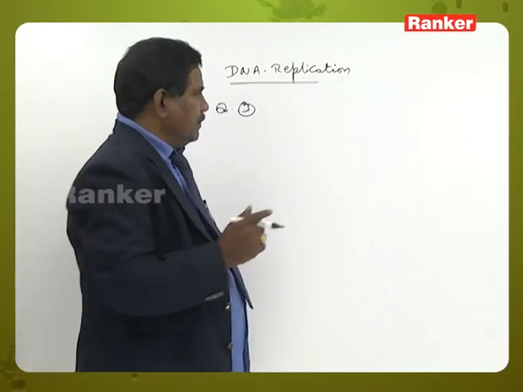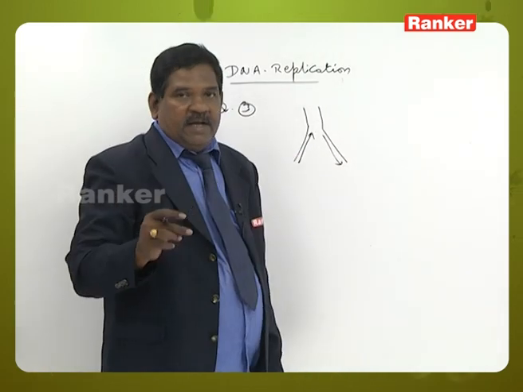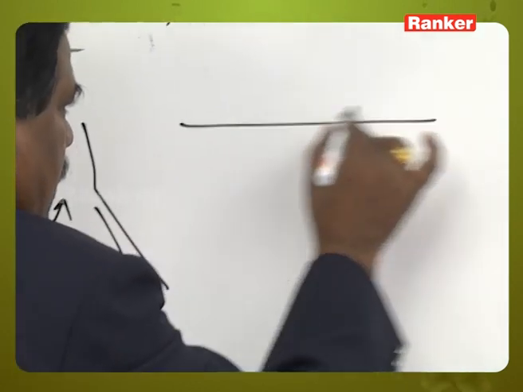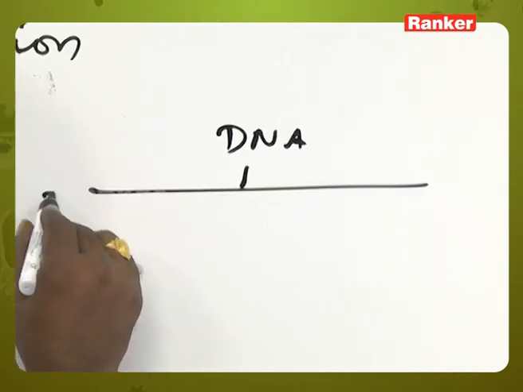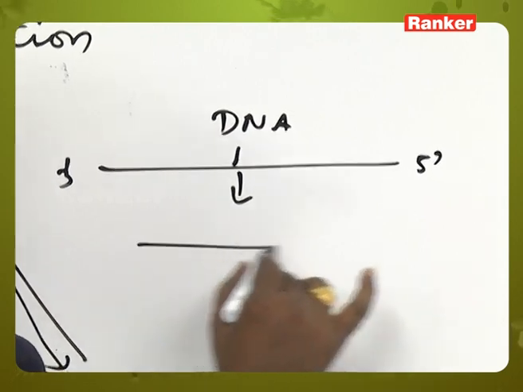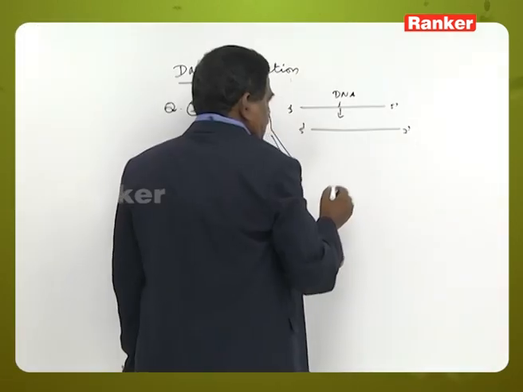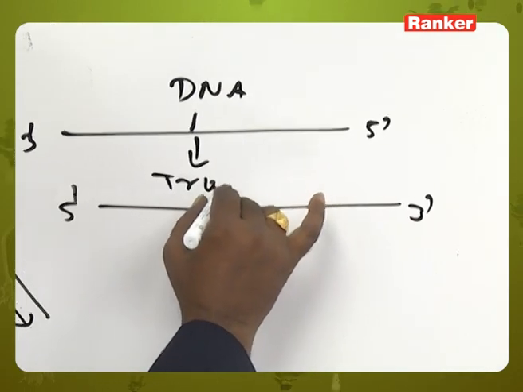In replication of DNA, both strands are involved. Transcription is the process in which RNA is synthesized from the DNA strand.